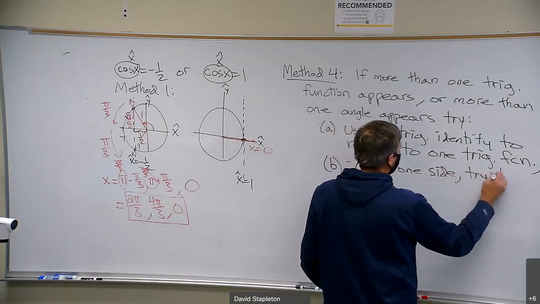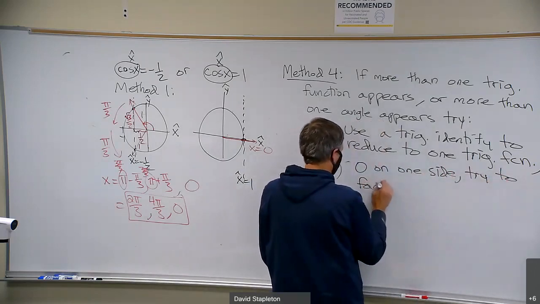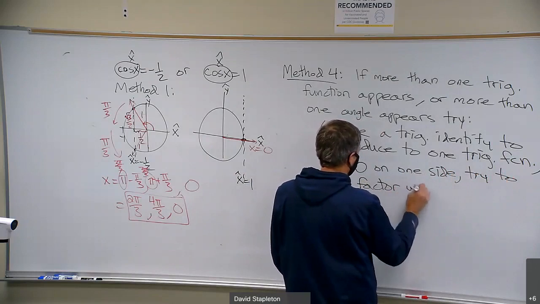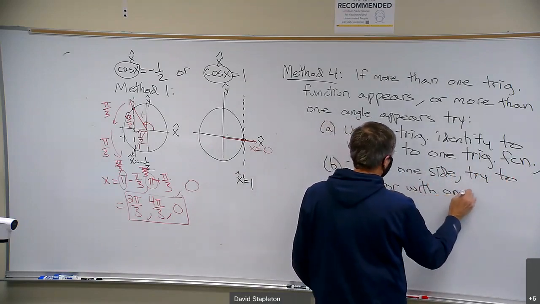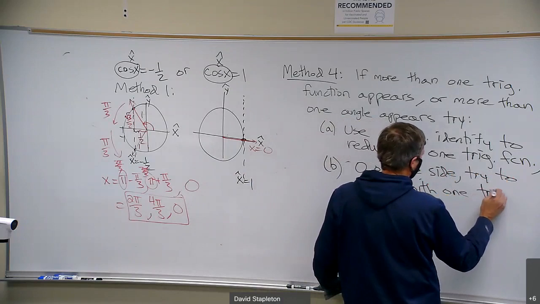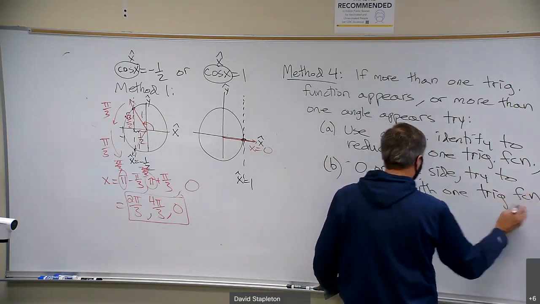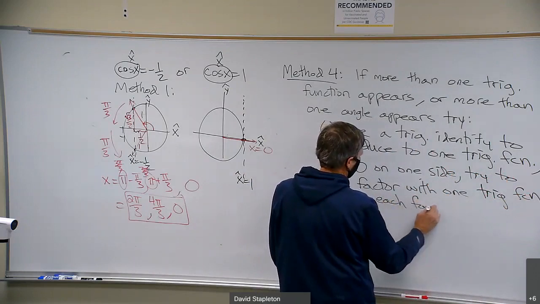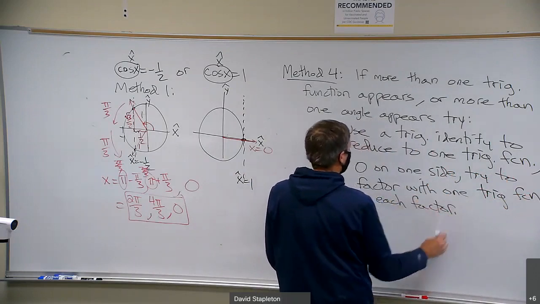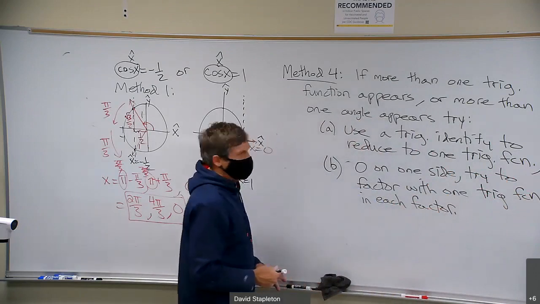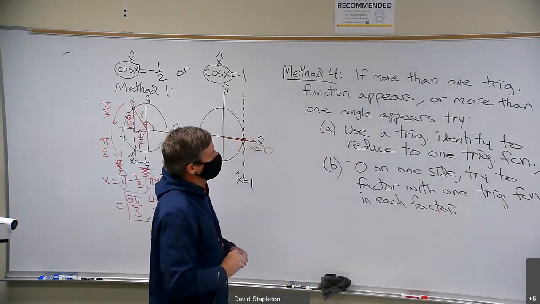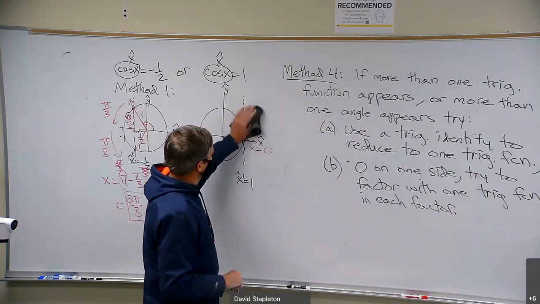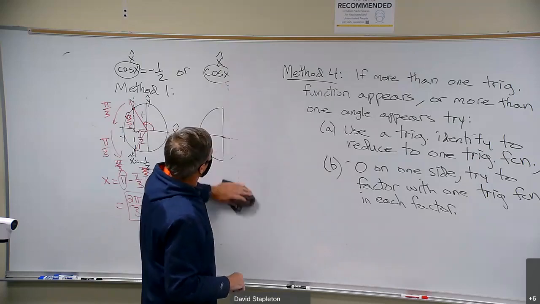Try to factor with one trig function in each factor. So this is the last one. This is going to put an end to all these new methods, and hopefully in a week you'll be able to do all these problems well.